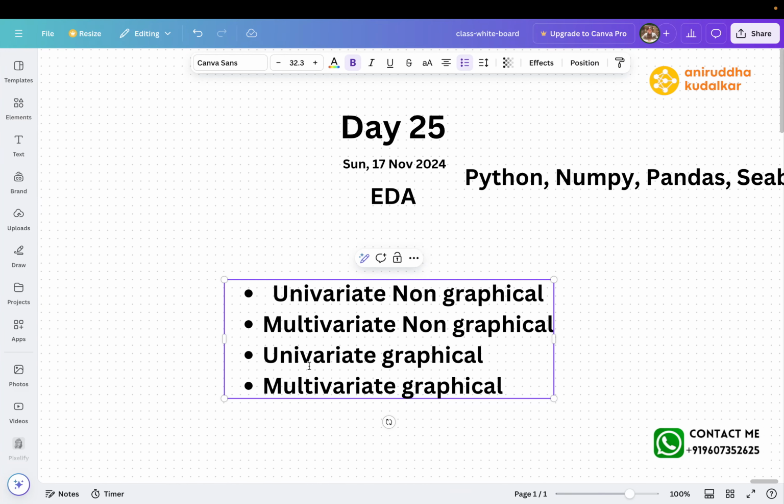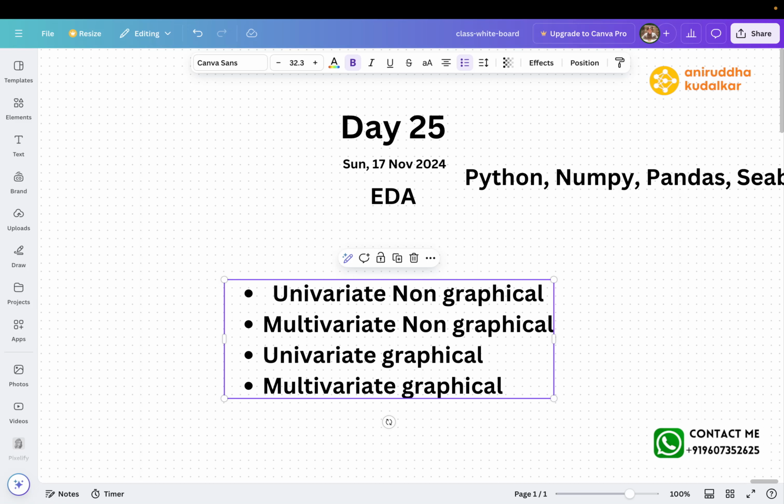What do you mean by univariate, non-graphical? A single variable, a single point without graphical understanding.